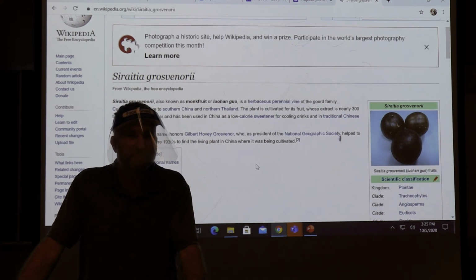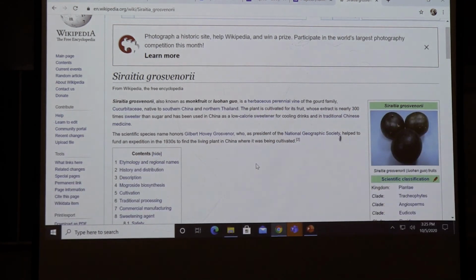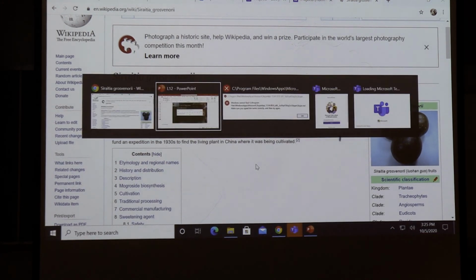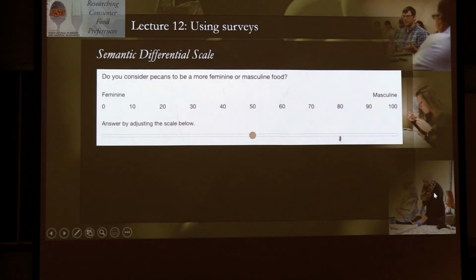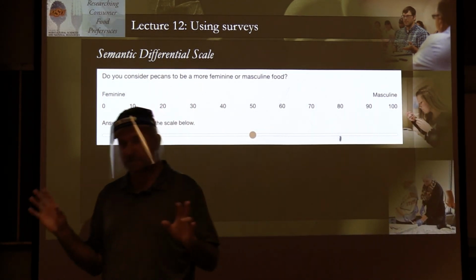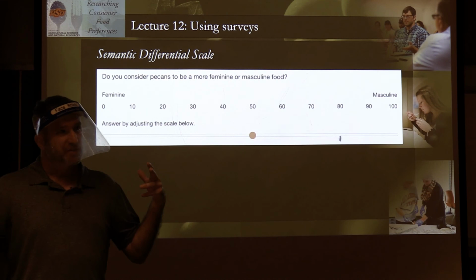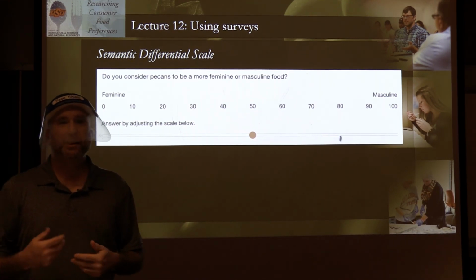And so maybe you could have a question like this. You could give people a scenario where they say, there's a new sweetener called monk fruit sweetener based off the name.